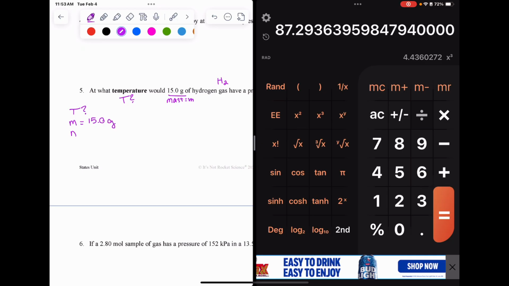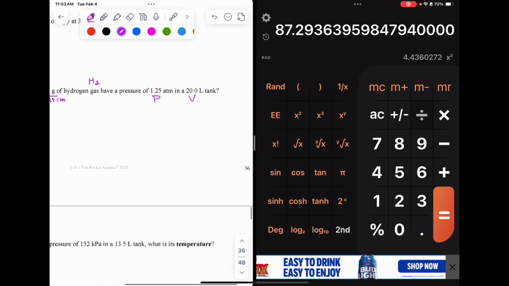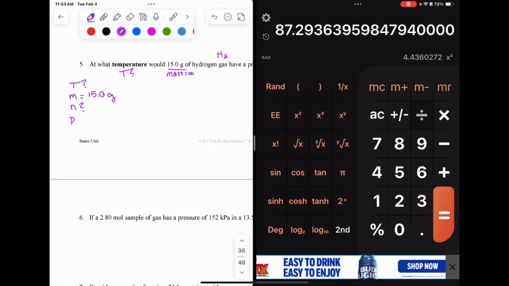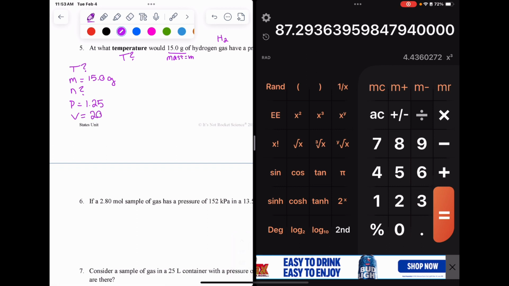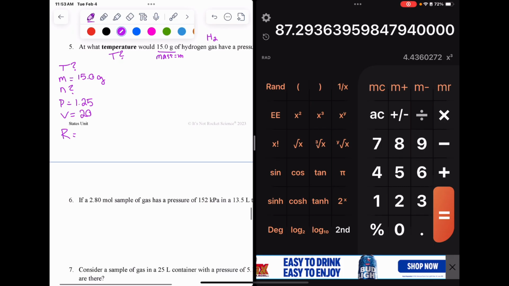We don't know the number of moles. We do know pressure is 1.25. Volume is 20 liters. And we know what our R is. Our R for the ideal gas law never changes. It's 0.0821. So, we know the ideal gas law looks like this.